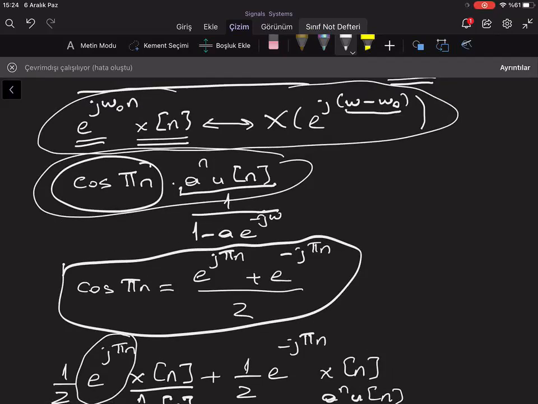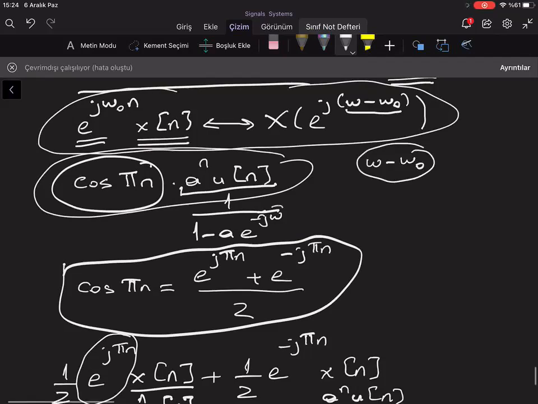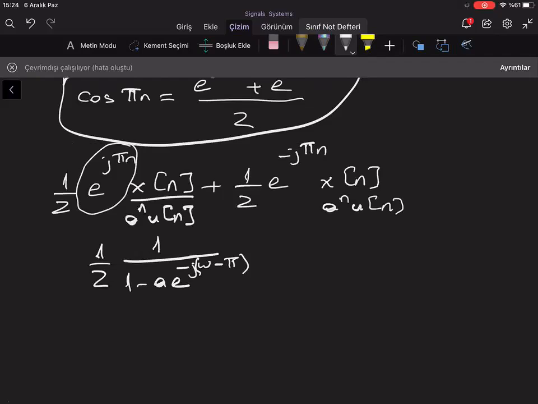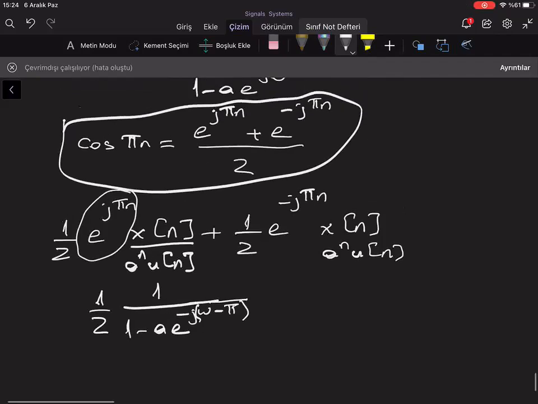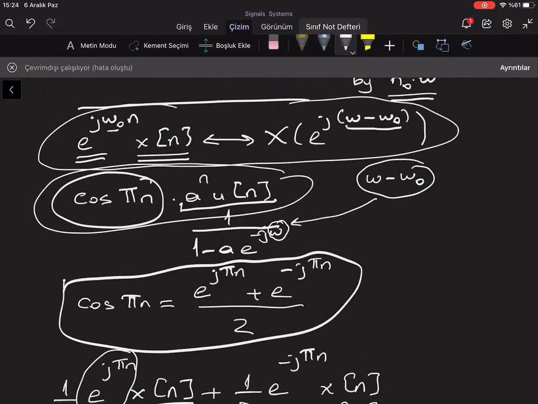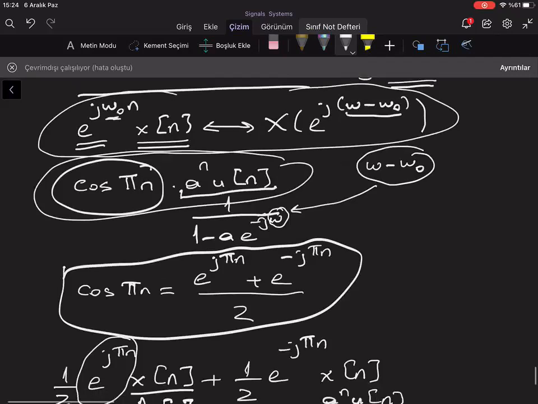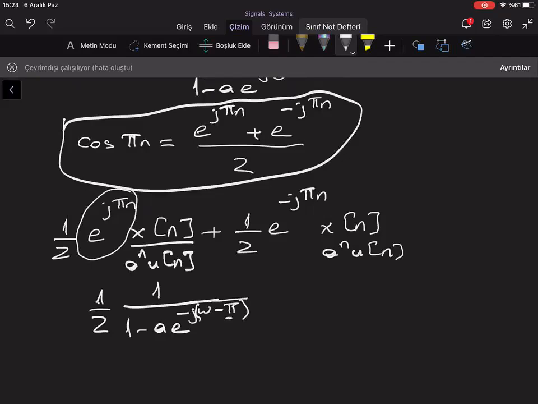Put ω minus ω0 in the places where you see ω. Instead of ω, we will use ω minus ω0. So if there is an e^(jπn), you see my ω0 is π, so I put minus π here. And I'm continuing 1/2 times 1 over 1 minus a e^(-j(ω+π)).